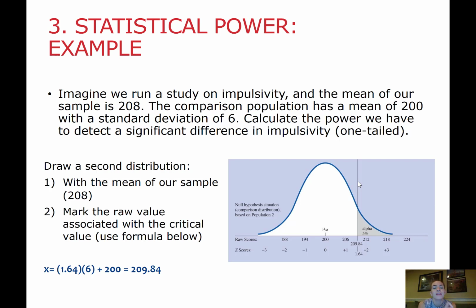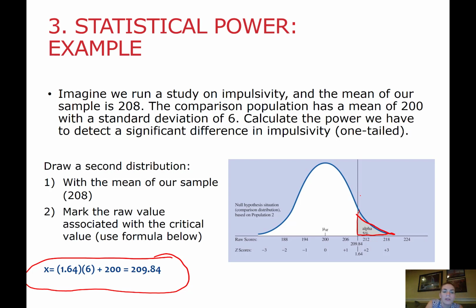I can convert that backwards using this formula into a raw value from a z-score. So I can figure out what impulsivity score corresponds to this threshold. Right? So what impulsivity value would my sample mean have to surpass for me to have rejected the null, or for me to have drawn a test statistic that would fall in this region.